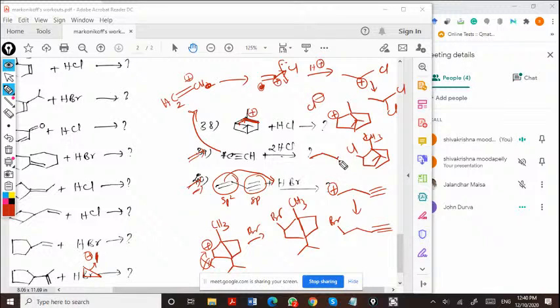Okay, 1,1 dichloroethane. So 1,2 dichloroethane ఎందుకు ఫామ్ కాదు అనేది క్వశ్చన్ అన్నట్టు. ఓకే, because its stability is going to be directed by the mesomeric effect of the chlorine. Okay, so it's going to give 1,1 dichloroethane.